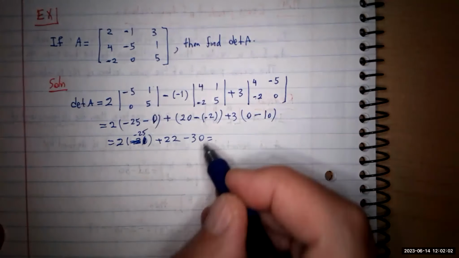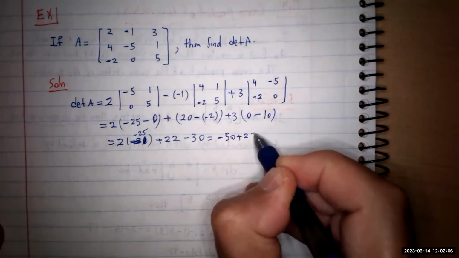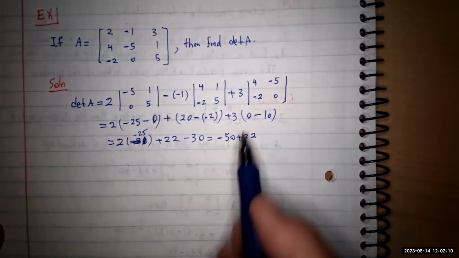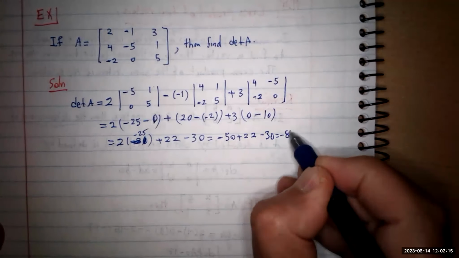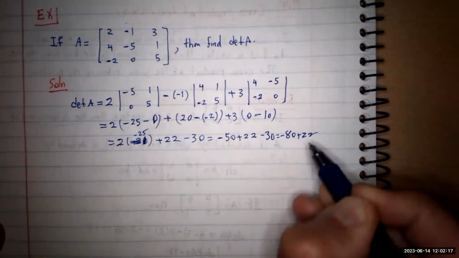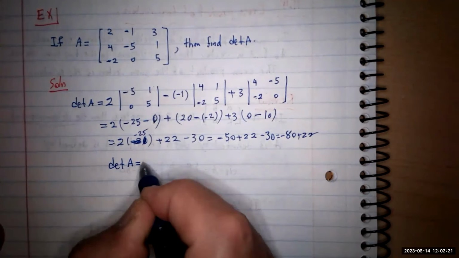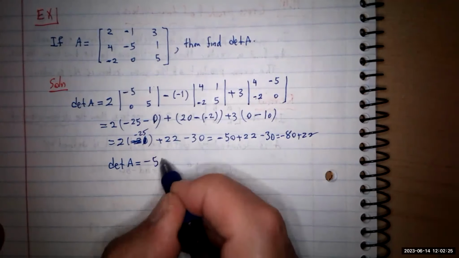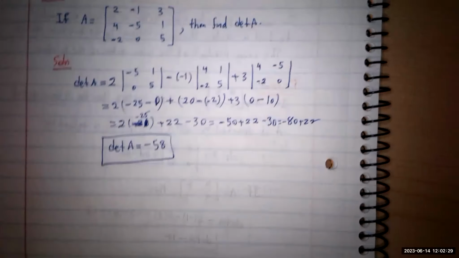Okay, so what I have is a negative 50, a positive 22, and a negative 30. So that gives me negative 80 plus 22. So my determinant is going to be negative 58. That gives you the final answer.